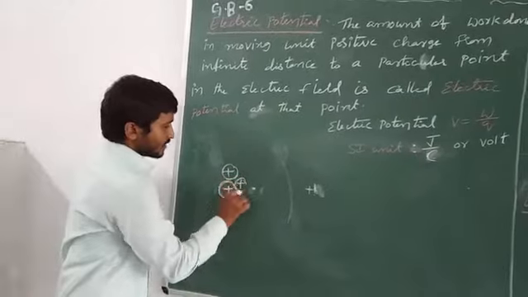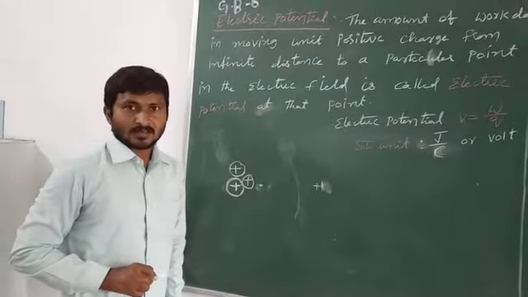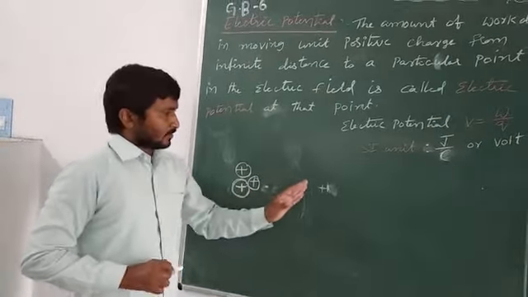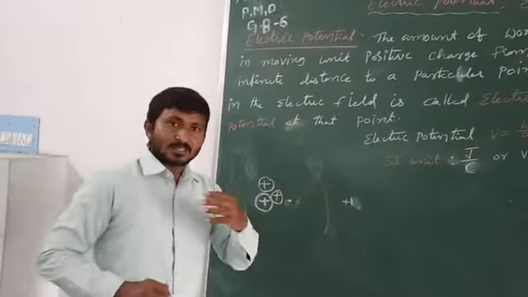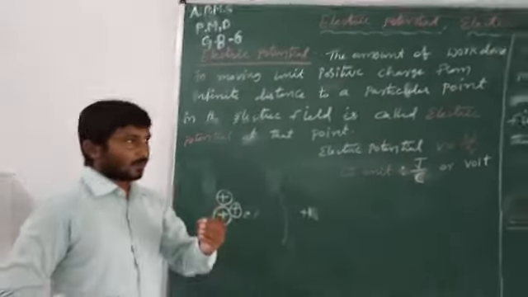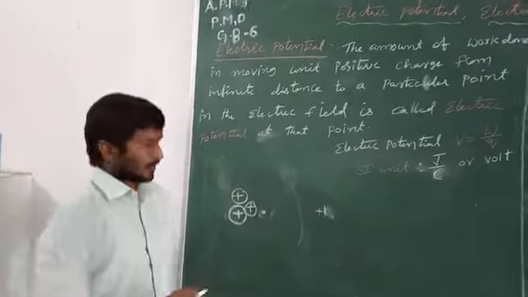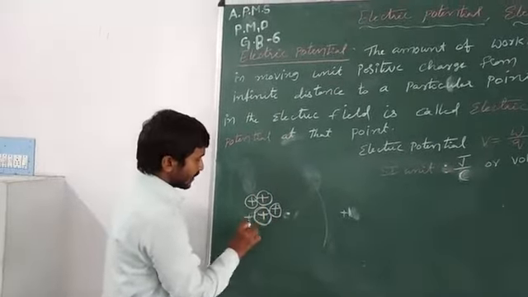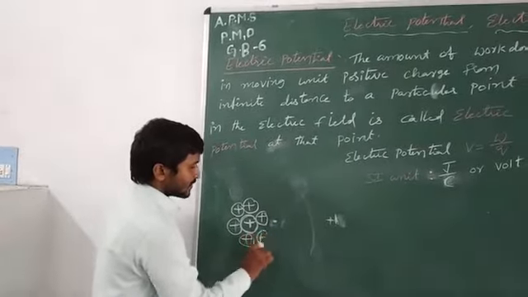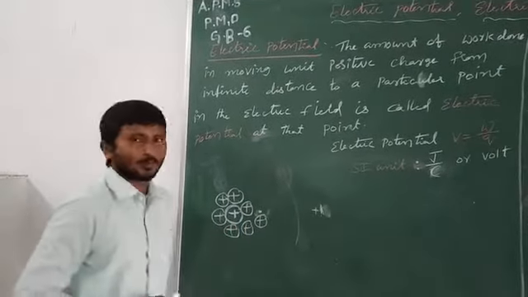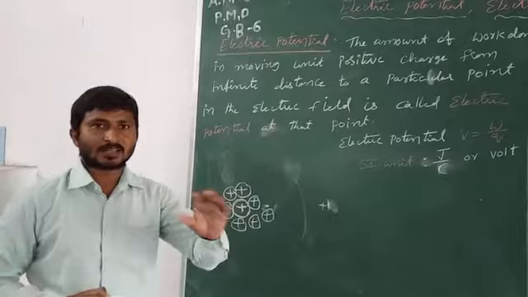Again, if we add another positive charge carrier, the repulsive force increases more, so we have to perform still more work. With the increase of positive charge, the electric potential increases.